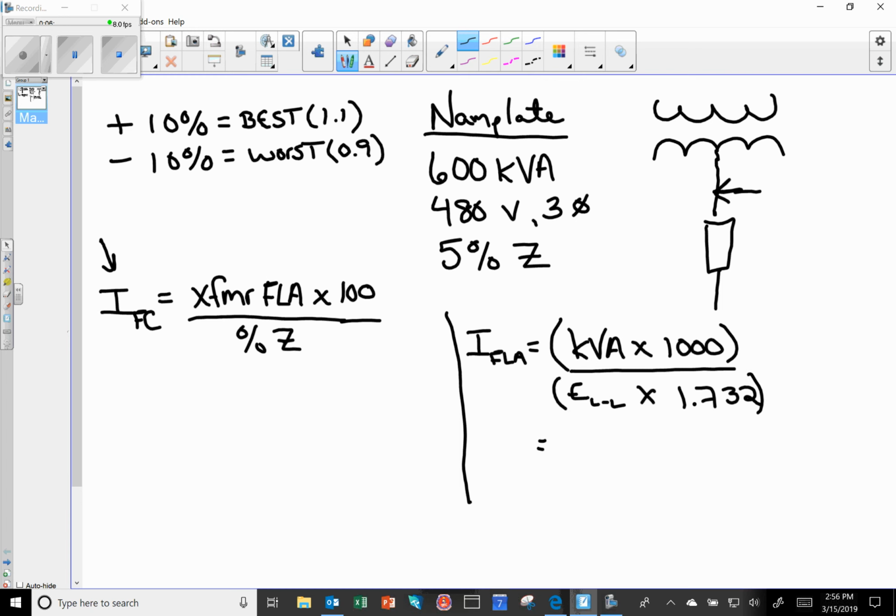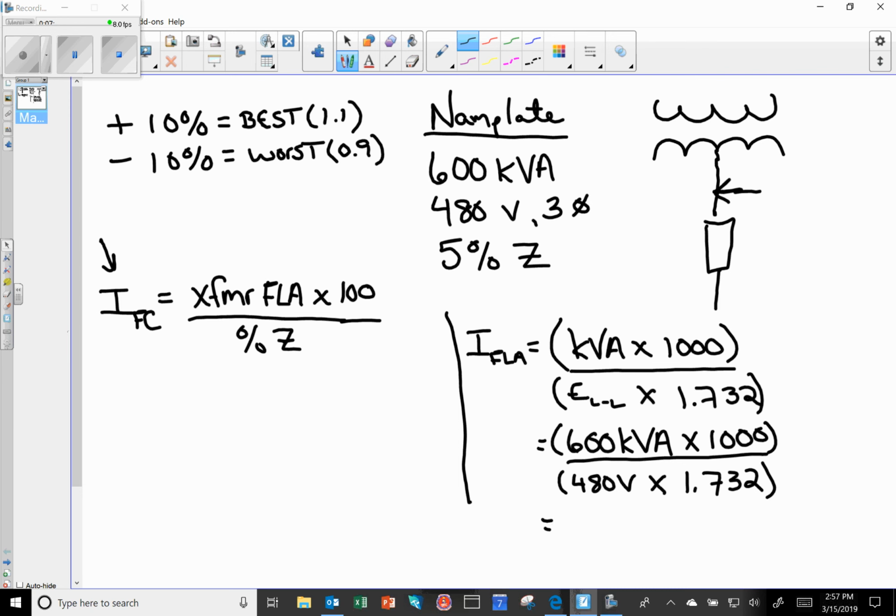So it's pretty simple. If we look at our information given, we're given 600 kilovolt amps times 1000 divided by our line to line voltage of 480 volts times 1.732 because it is a three-phase system.